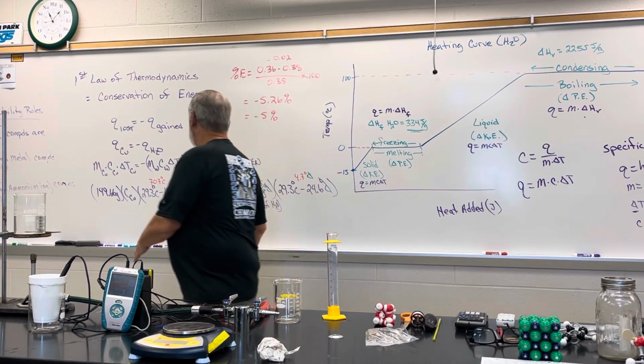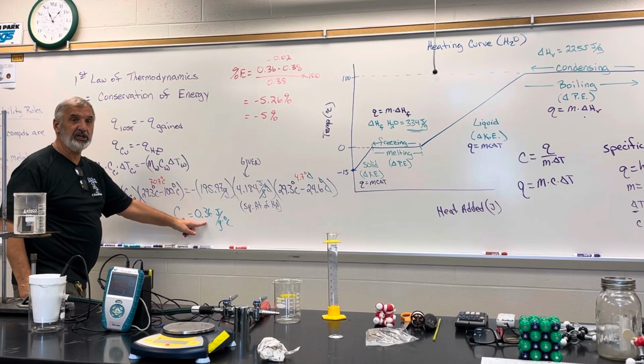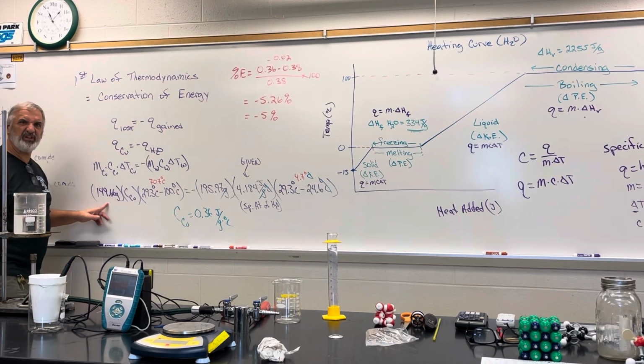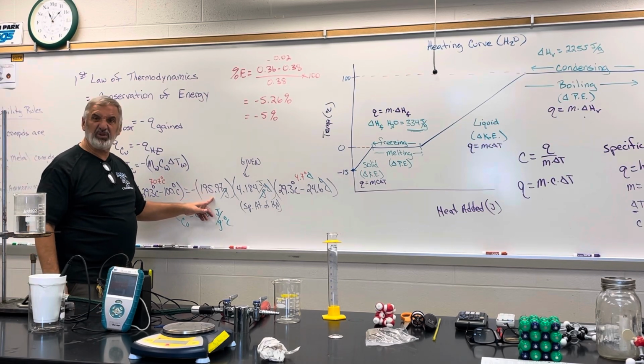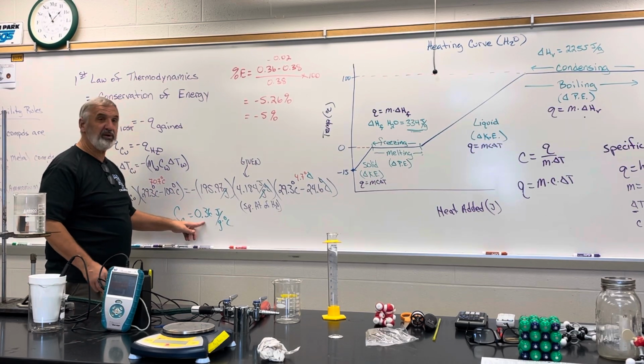So what value needed to be bigger in order to make this number bigger? Do you think the mass was really that far off? Assuming, yeah, we just weighed on the balance, that wasn't a big deal. Again, the mass of the water was probably pretty accurate. Which number would need to be bigger to get us to 0.38?